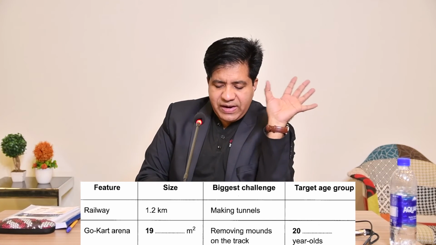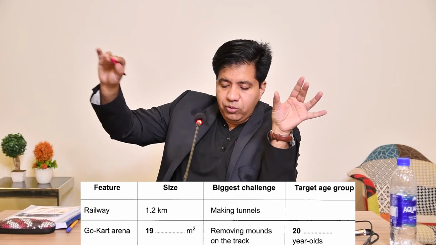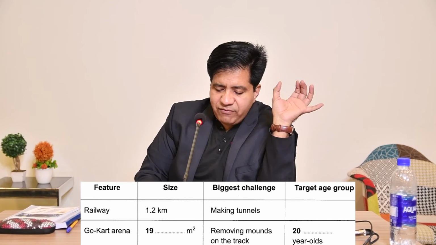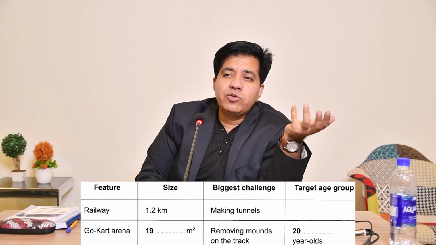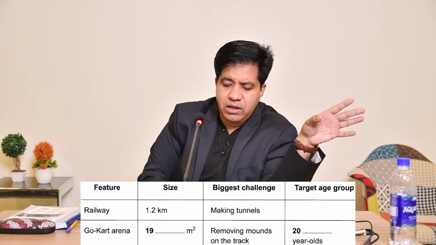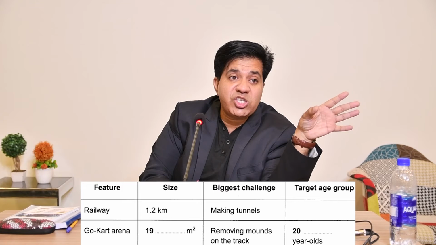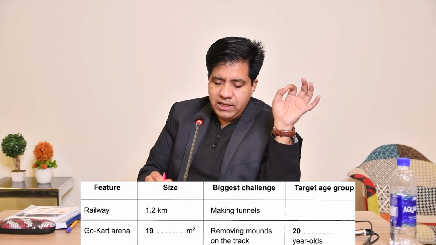Before that, you see railway, and there is no question about it. So the audio will start and go on and on. Railway 1.2 km, making tunnels. Next is go-kart arena. If you don't know what a go-kart arena is, you don't need to worry about it. Just take it as go-kart arena. That is one of the features. Size.